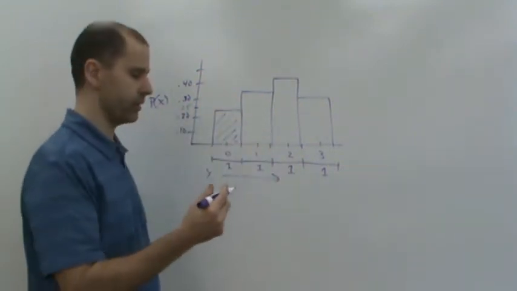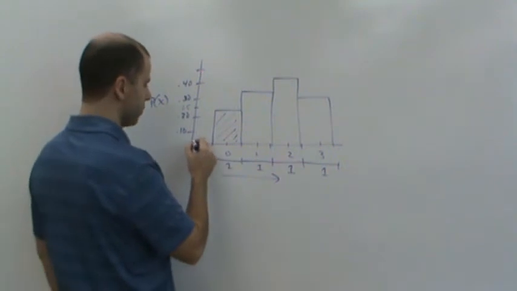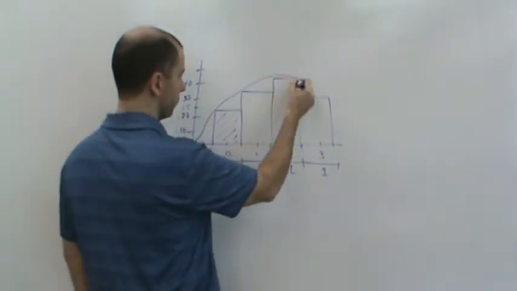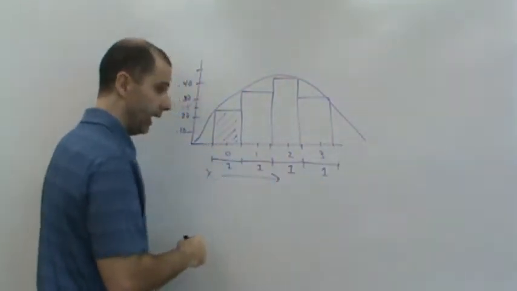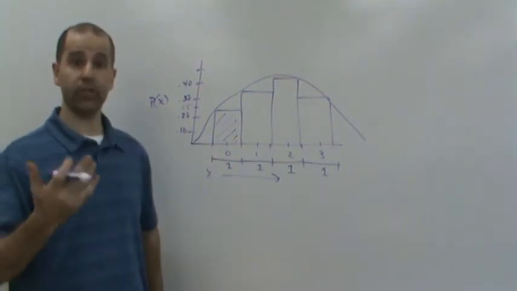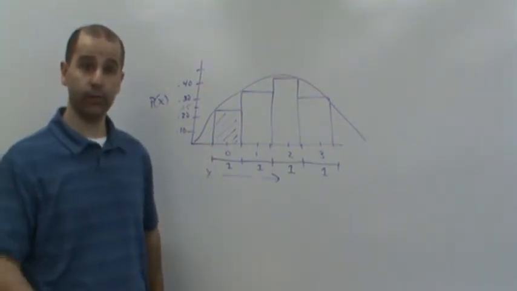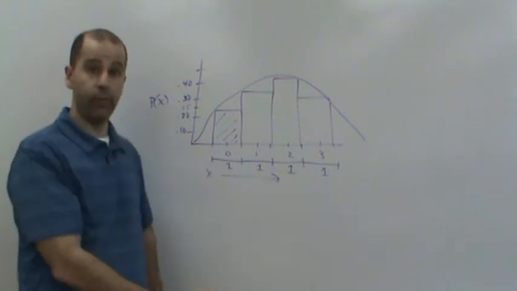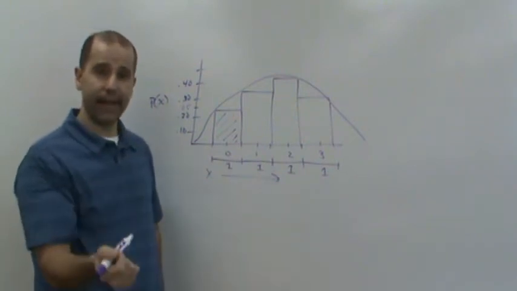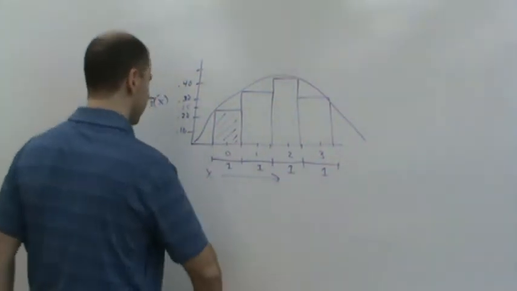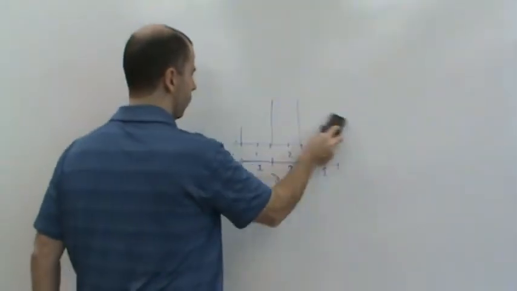What we're going to do is treat the continuous case in a similar way. It's just going to be the area under the curve instead of the area of the bars. That's the idea.